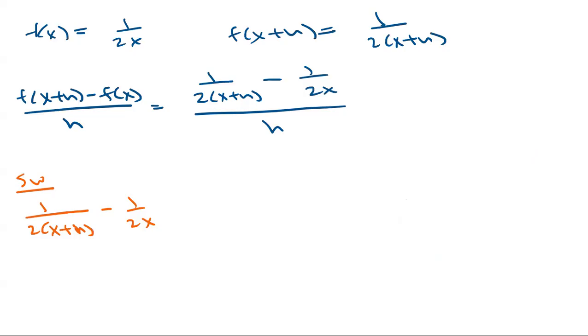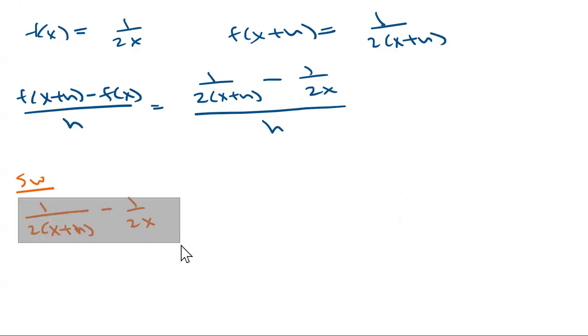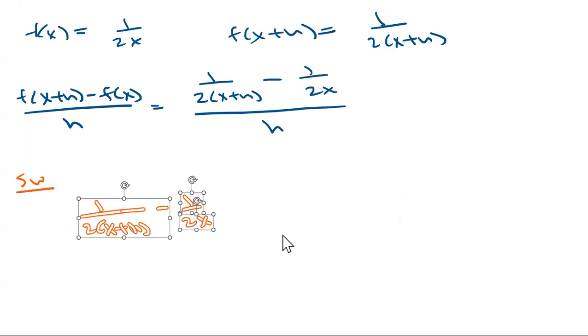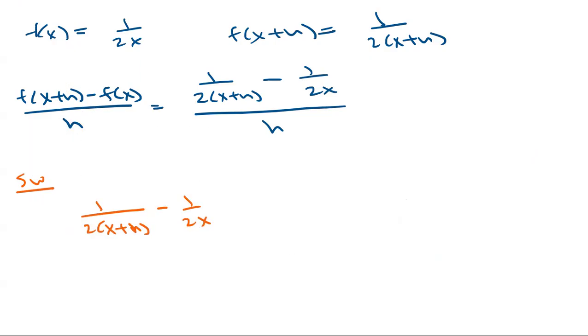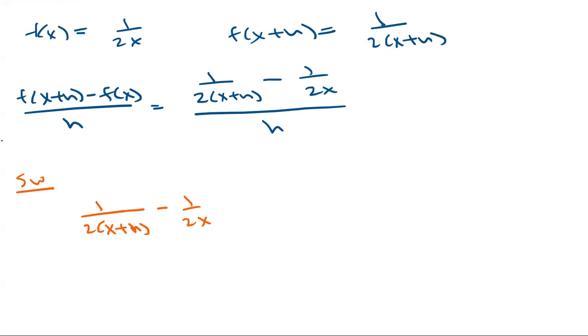So I have 2 times x plus h, and I have 2x. So that means I need to multiply these by factors so that we'll have the same common denominator.